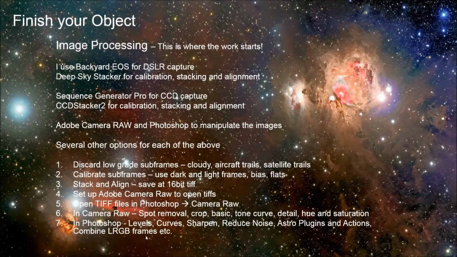And then assuming you're going to process in Photoshop, you're going to want to save that as a 16-bit TIFF. Speaking of Adobe Camera Raw, by default it won't open TIFF files, it just opens Camera Raw files. If you go into Photoshop options down at the bottom, I think there's Adobe Camera Raw settings inside Photoshop, and there you can tell it to open TIFF files as well.